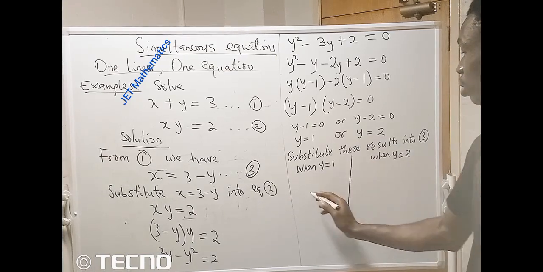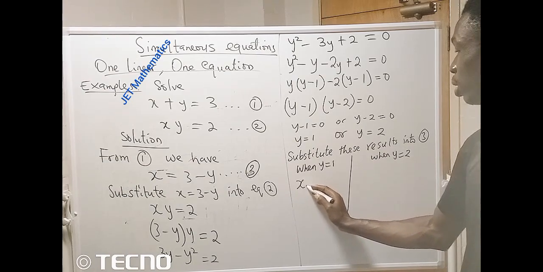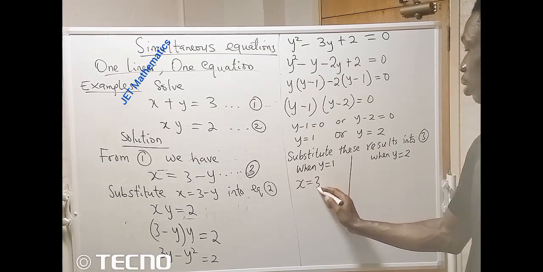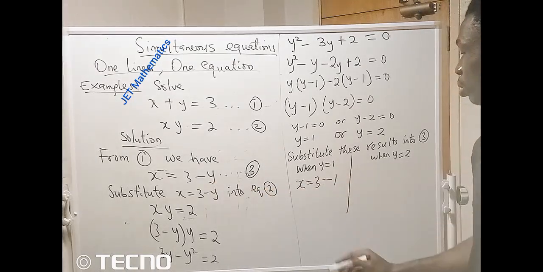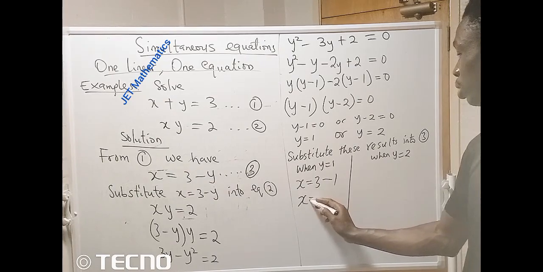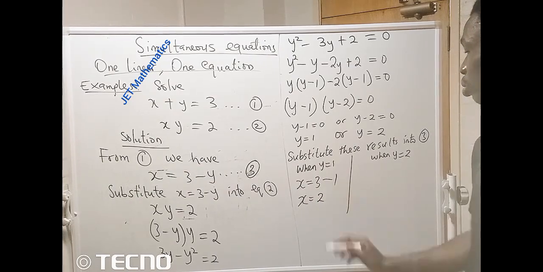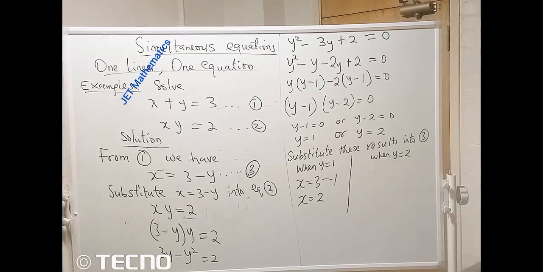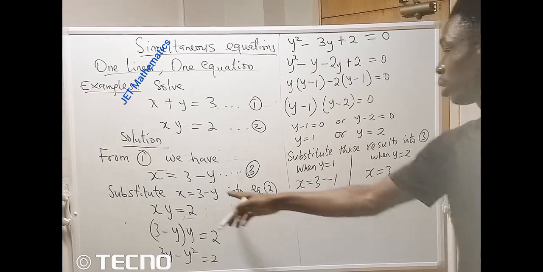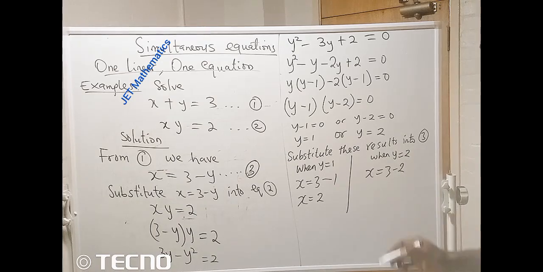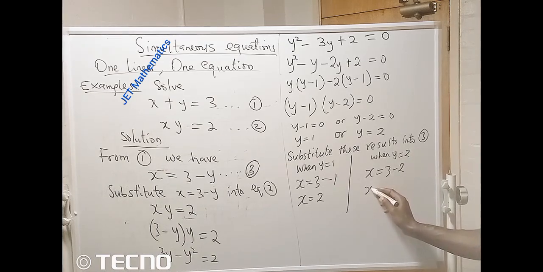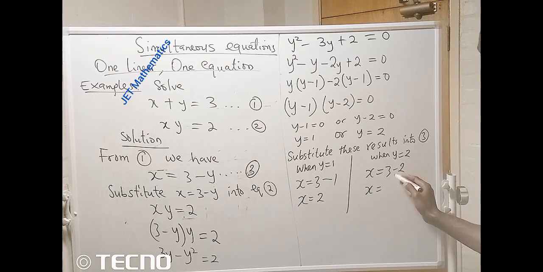We solve this, we have that x is equals to 3 minus y, which is now 3 minus 1. So x is equals to 2. Or we can have it here, x equals to 3 minus 2, and so x is equals to 1.